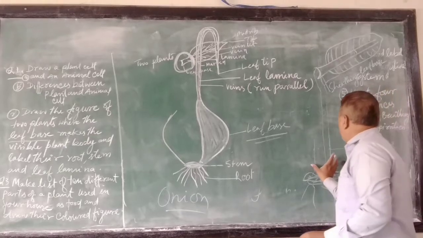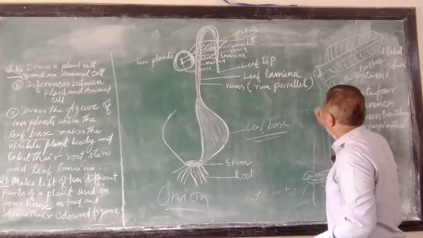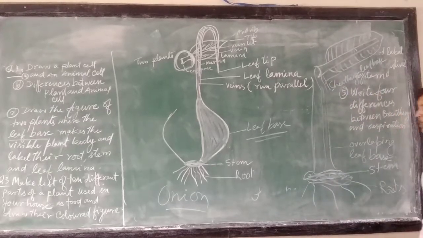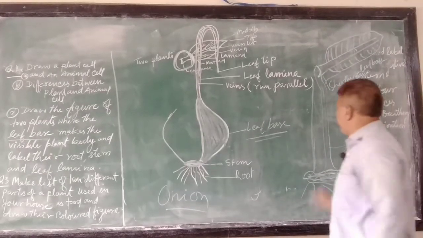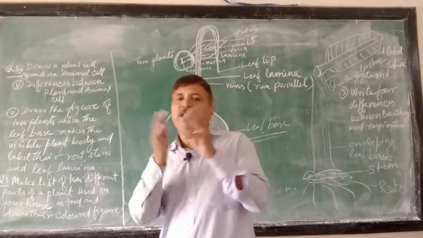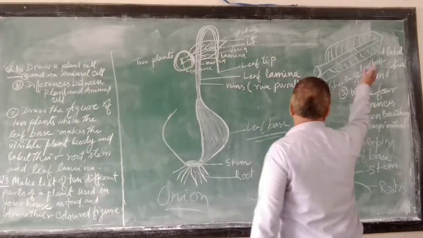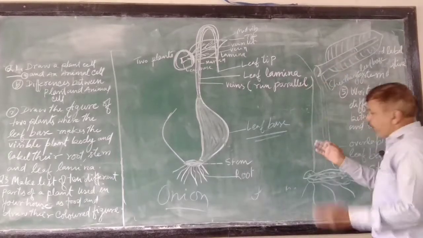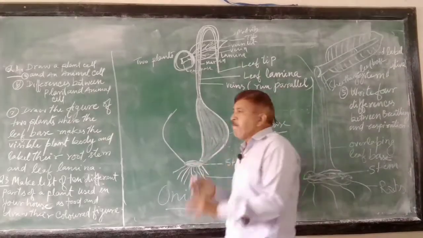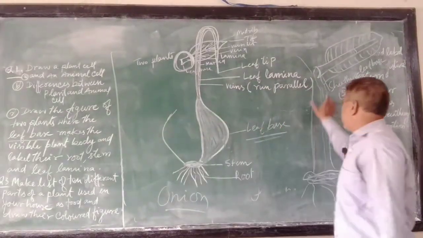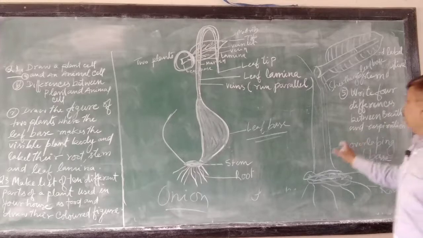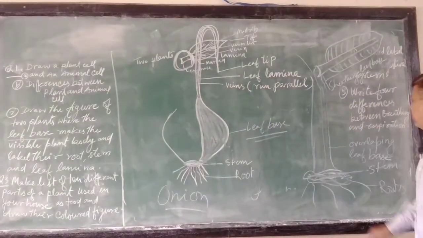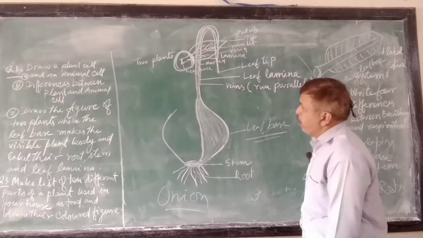So this portion of the banana plant that appears to be a stem is not a stem, this is overlapping leaf base. So many leaves that you see at the top, their bases overlap one above the other, and this green colored structure that appears to be stem is actually not the stem, this is overlapping leaf base, right.